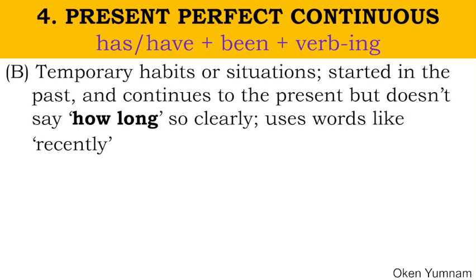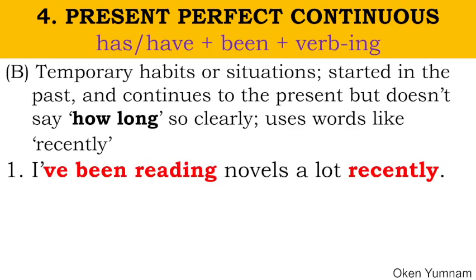And we use this tense for temporary habits or situations which started in the past and continue to the present, but don't say clearly how long. In such cases, mostly we use words like recently. Let's see an example here. I've been reading novels a lot recently.